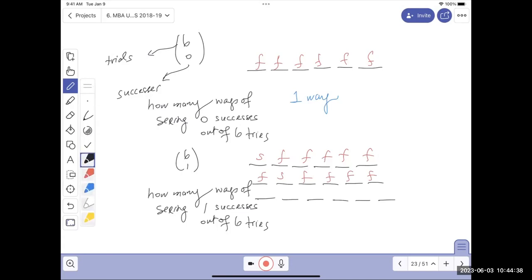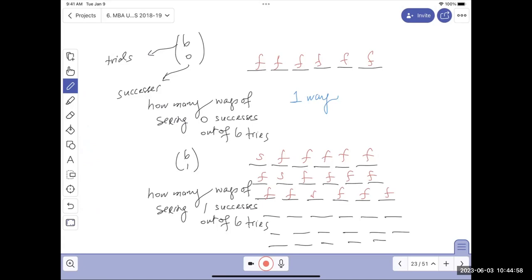Third way. So basically scrolling the S through will show me all the ways. You quickly see there's a pattern that there's only 6 ways to scroll. And so it's 6.